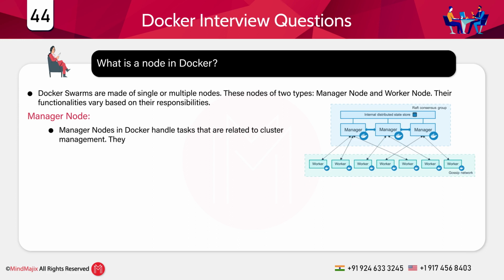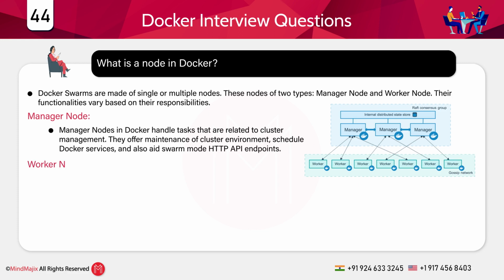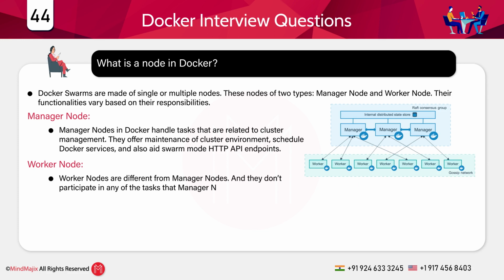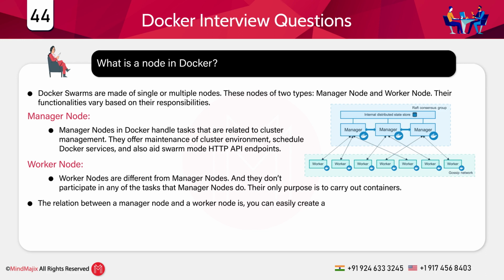They offer maintenance of the cluster, schedule Docker services, and also serve swarm mode HTTP API endpoints. The worker nodes are different from manager nodes and they don't participate in any of the tasks that manager nodes do. Their only purpose is to carry out containers. The relation between a manager node and a worker node is that you can easily create a manager node, but to create a worker node, you will need at least one manager node.